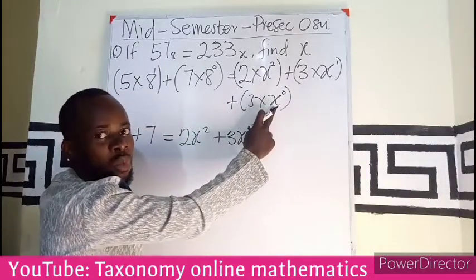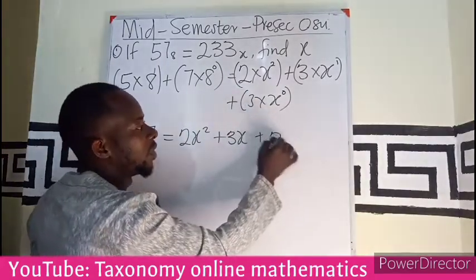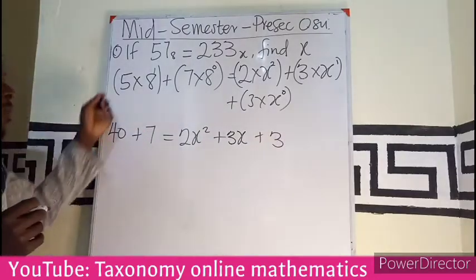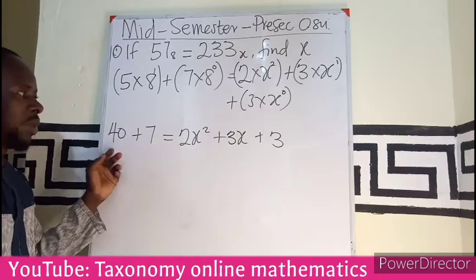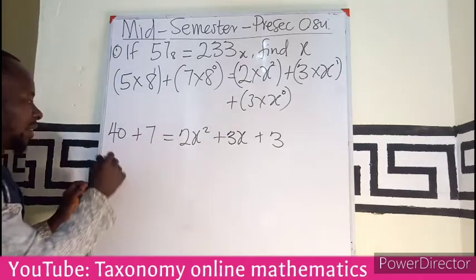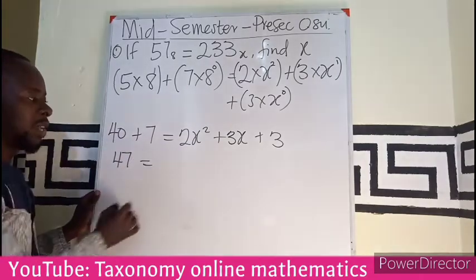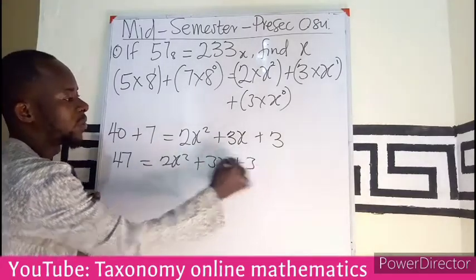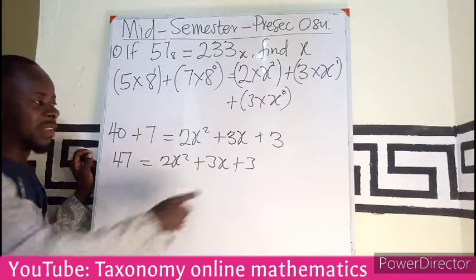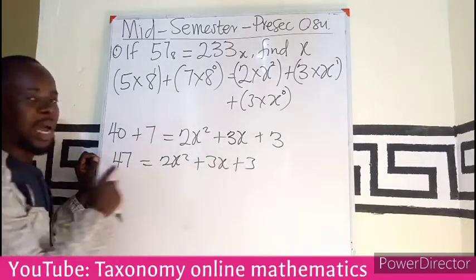Then this is taken as 1 times this, we have 3. So now the bracket has been solved to give us simple terms. Constants, we can operate this by getting 47 equals 2x squared plus 3x plus 3.